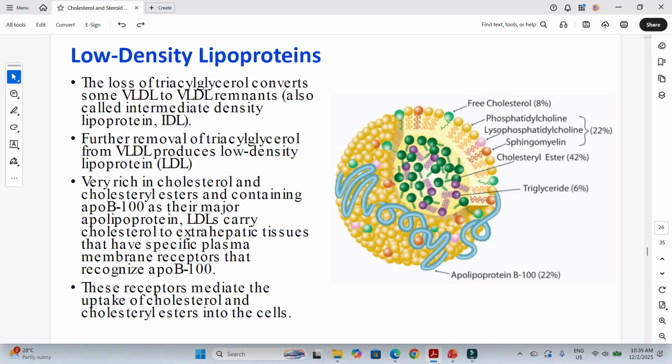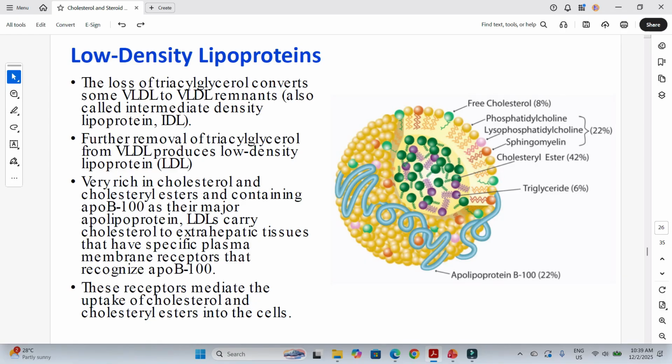So in the end, the lipoprotein becomes enriched in cholesterol and cholesterol esters, containing ApoB100 as their major apolipoprotein.